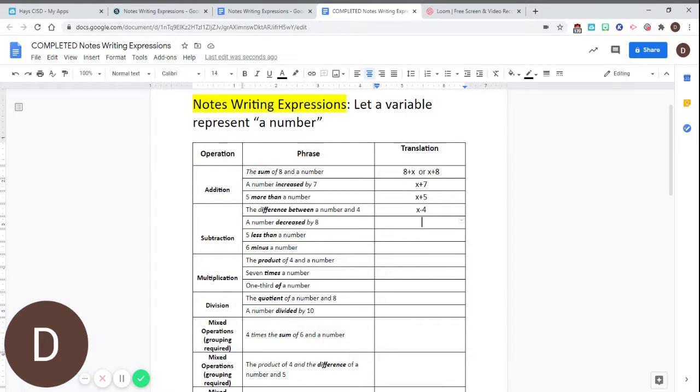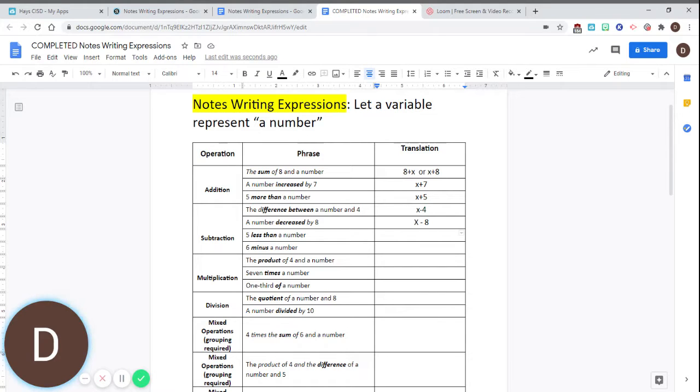A number decreased by 8. Okay, so what do we start with? A number. It decreased by 8. I don't know if it's more helpful to spread it out, or if the negative gets lost in there for you guys. Just experimenting here. 5 less than a number.